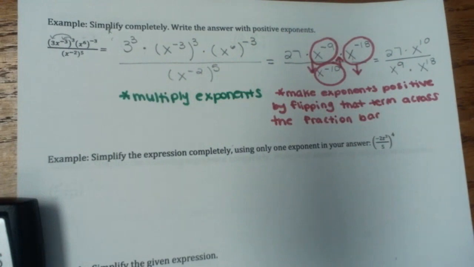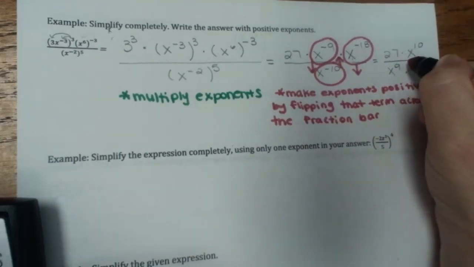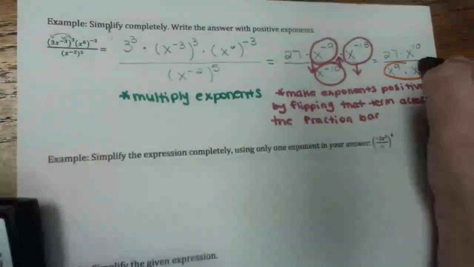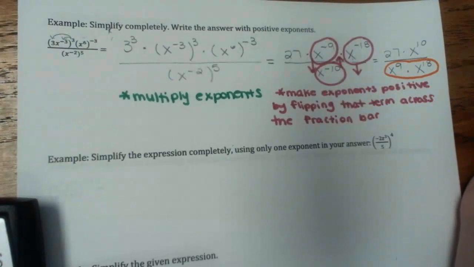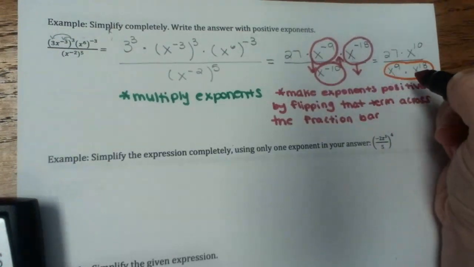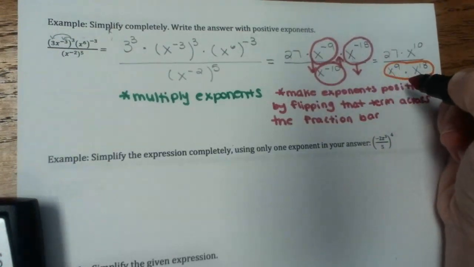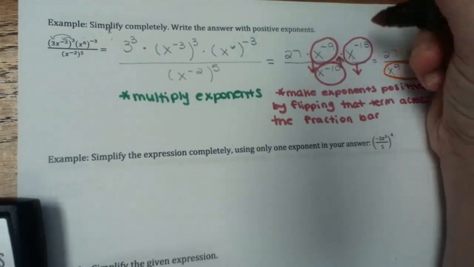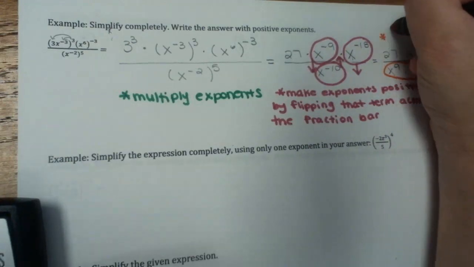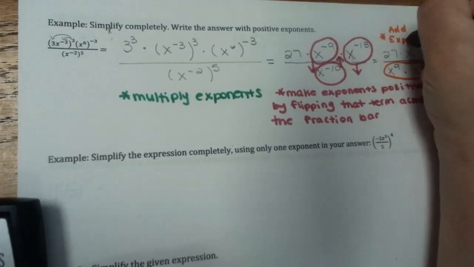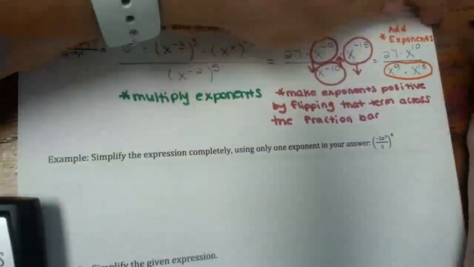Next, let's combine some like terms. So I see on the bottom we have x to the 9th times x to the 18th. Because we are multiplying our exponential terms, we can use the product rule and we can add our exponents.